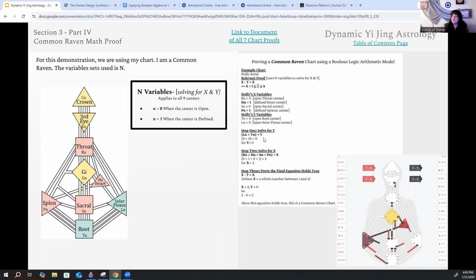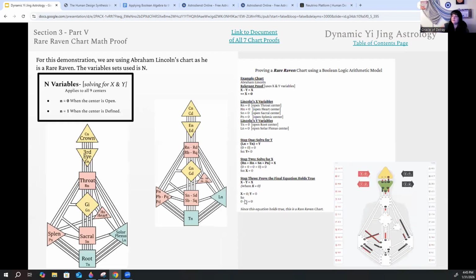This is my chart. This is Abraham Lincoln's chart. His proof is x minus y equals x, if and only if x is 0. With x minus y equals x, that can only be true if y is 0, so you want x and y to both be 0 for this.